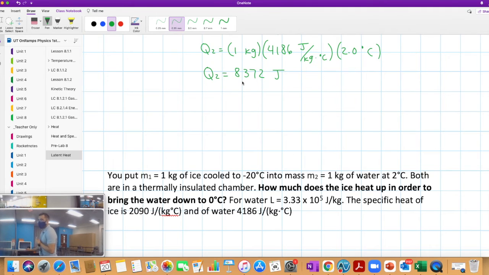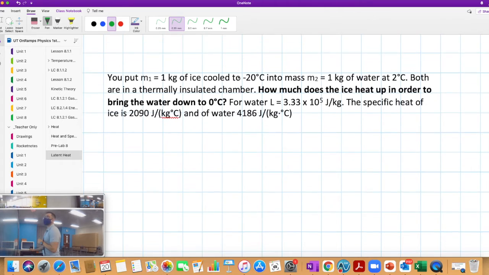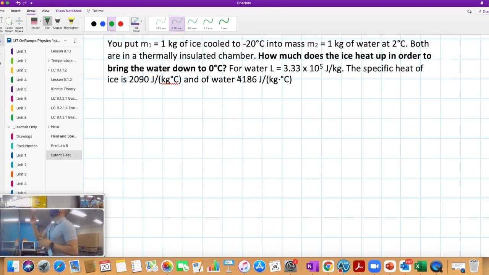That is the energy available. Based on conservation of energy, this energy released by the water is going to be transferred into the ice. Meaning, we know the heat required. All we have to find is the final temperature to then find the change in temperature.